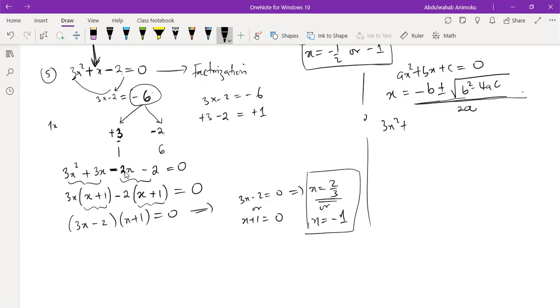Now, let's look at this particular problem. 3x squared plus x minus 2 equal to 0. Now, our a is the coefficient of x squared, which is 3. Our b is the coefficient of x, which is 1. Our c is the constant, which is minus 2. Okay. Now, we just need to substitute these numbers into this formula, right? So minus b, b is 1.